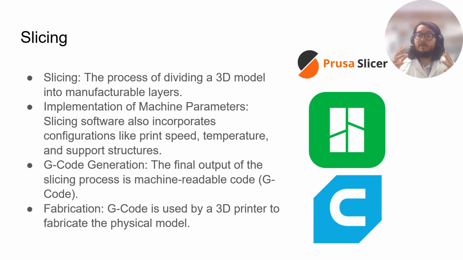In the process of 3D printing, we take a 3D computerized model and we create a 3D physical part. In order to do that, we need to tell our printer how to make it. Most 3D printers typically work in a layer by layer manner.